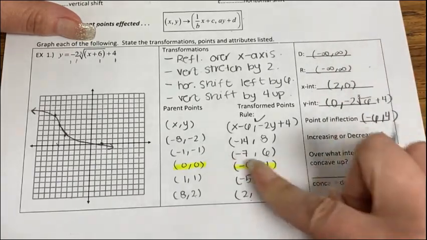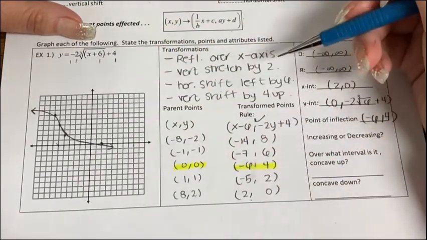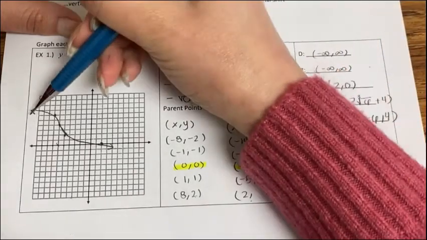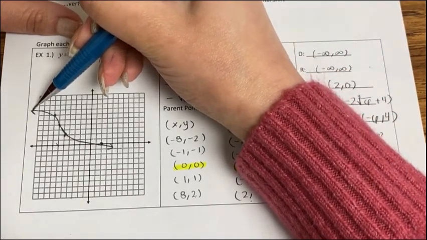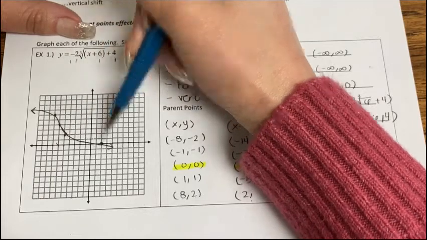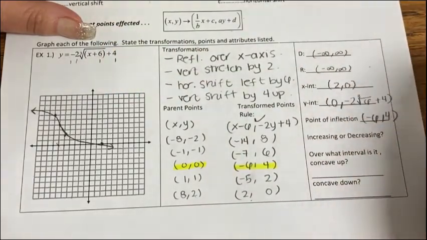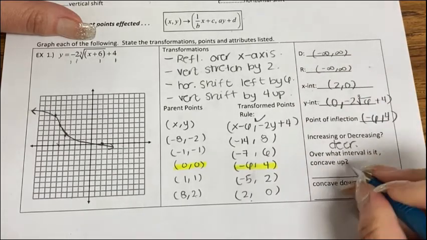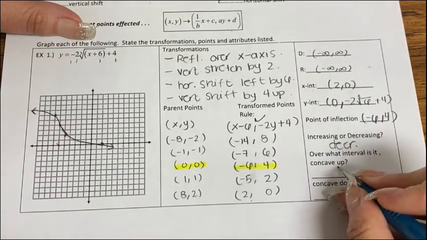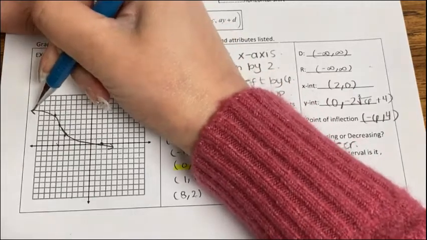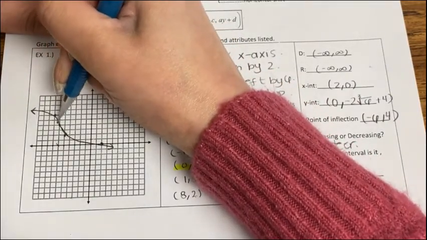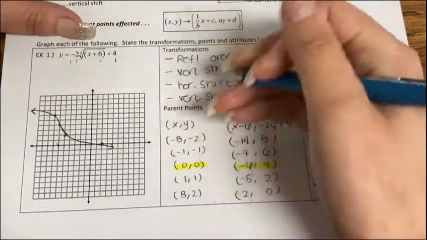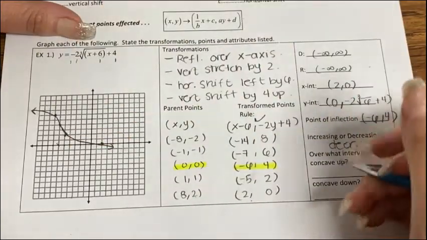Okay, so as you can see, this graph is a little bit different because if you put your pencil on this one, you are going down. So this one is decreasing. It's a decreasing function. Over what interval is it concave up? This one I'm dropping the water here, so that one is concave down.